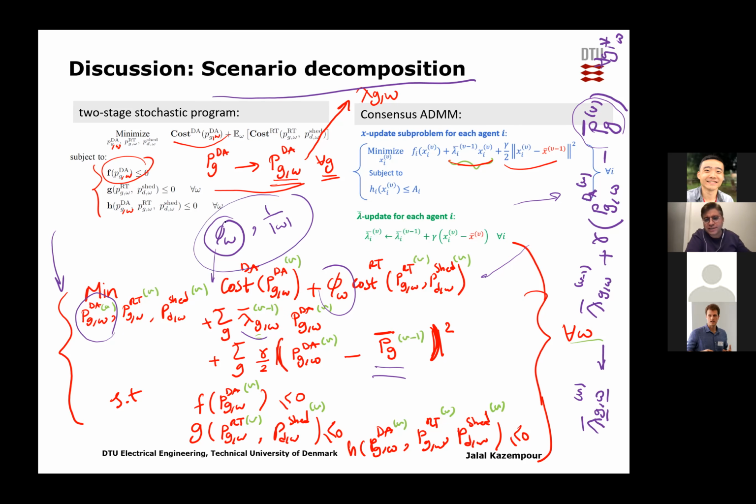That's my first impression. Because it's not Benders where we are reconstructing the objective function. We are just relaxing PG omega to be agent dependent, or here scenario dependent, and then over the scenarios they have to agree on all of them. So I don't think we need either phi omega or 1 over the number of scenarios. I think we should leave it as it is.